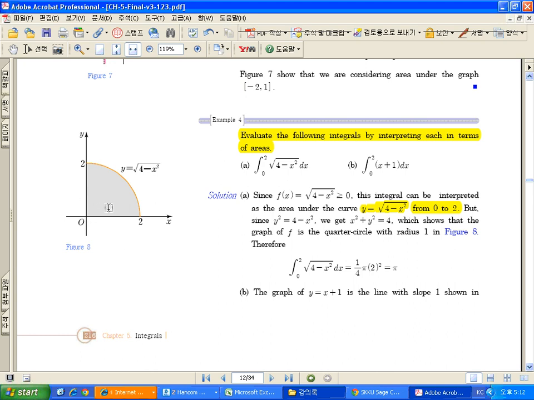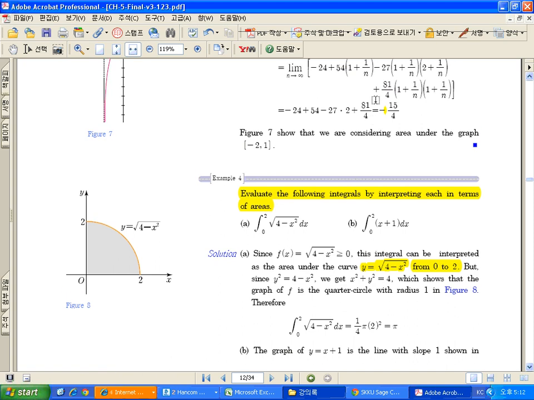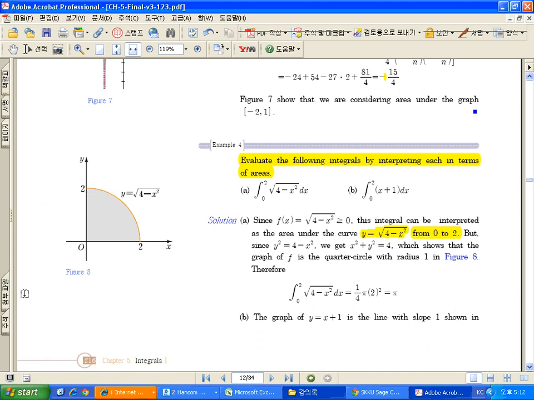So instead of doing this computation, if we understand the nature of this given formula, then we can easily find the area of a circle with radius 2 and just divide by 4 to get what we want.